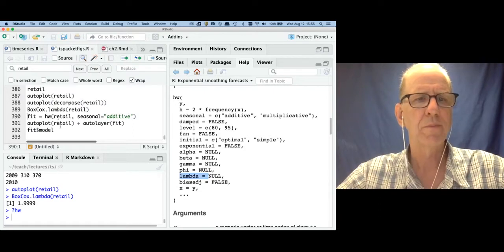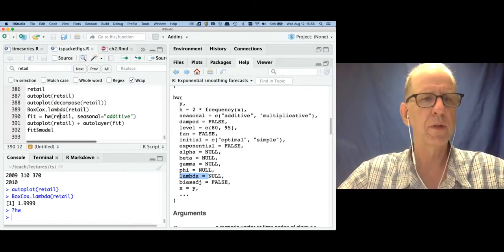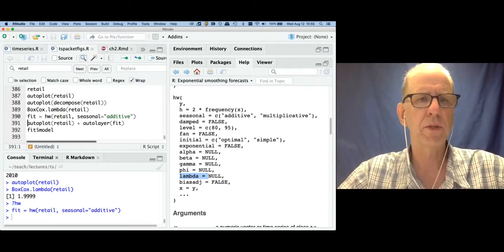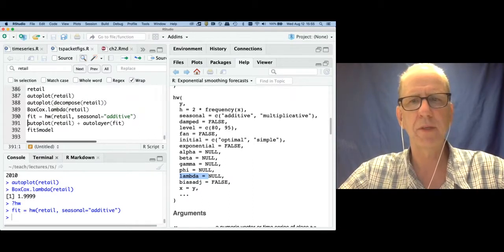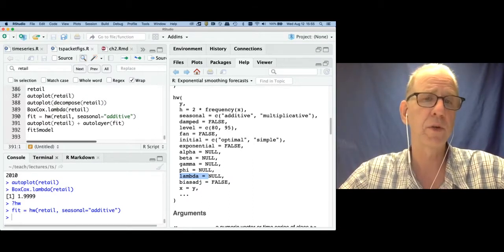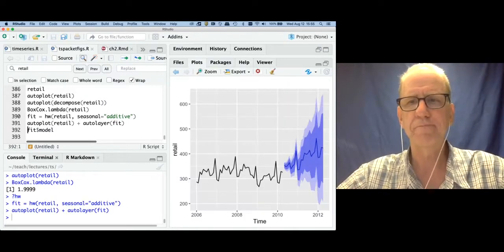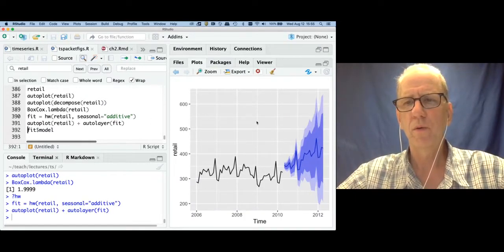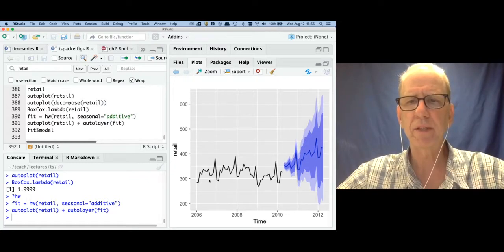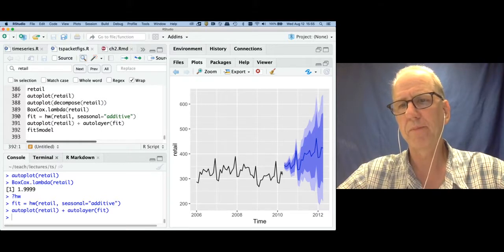Okay, so let's go fit this one. The only thing I really need to tell my model is I want an additive one. Actually, it would have done that anyway. Additive is the default. And let's go take a look at what we get. So what we see is that the original data is shown in black, and then here's the future forecasts.